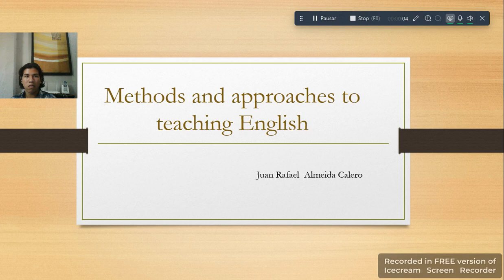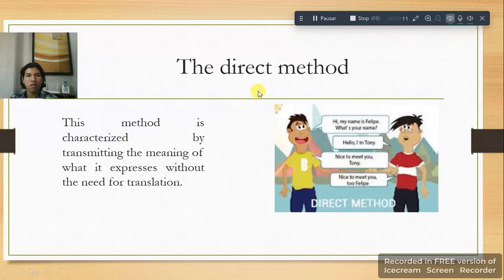Today we are going to talk about the methods and approaches to teaching English. The first method is the direct method. This method is characterized by transmitting the meaning of what is expressed without the need of translation. What does this mean? This means that this method is direct. The teacher always speaks in English, has activities in English, and listens to music in English with the students.